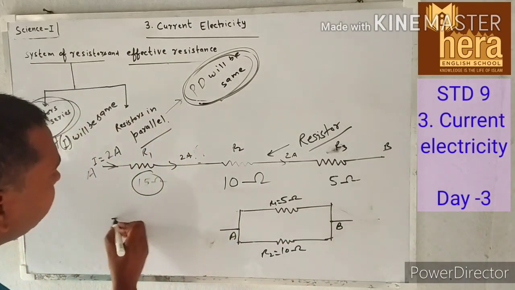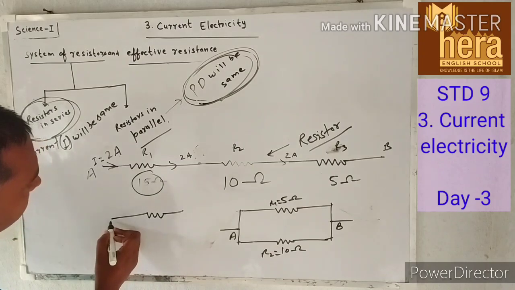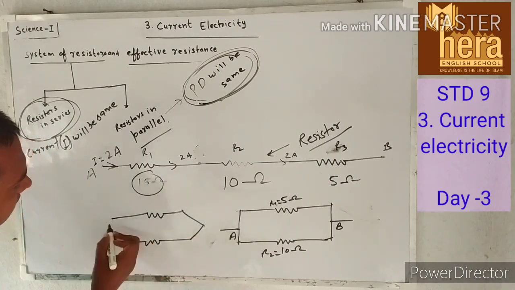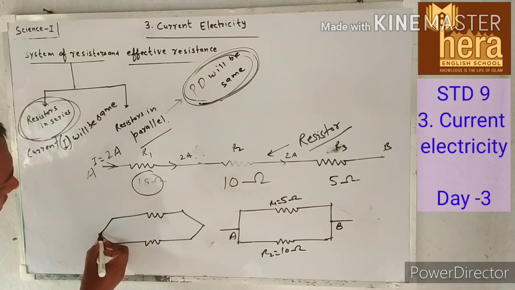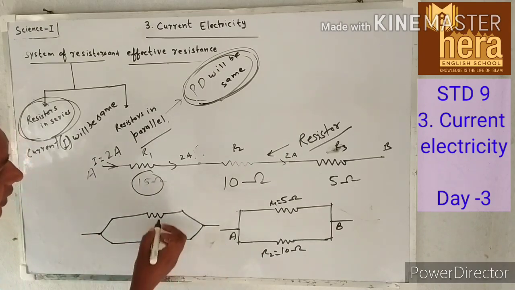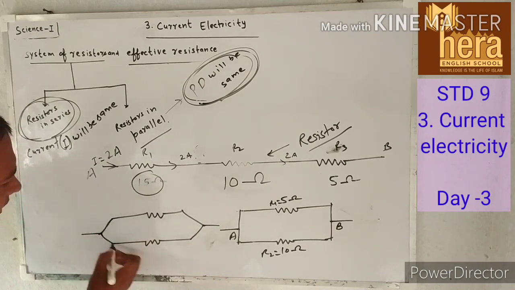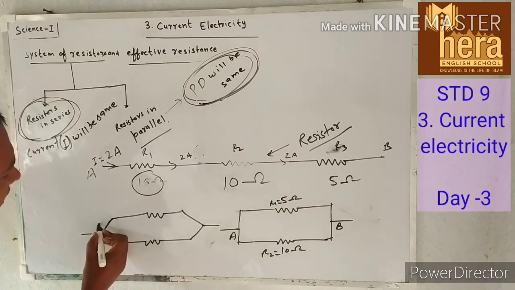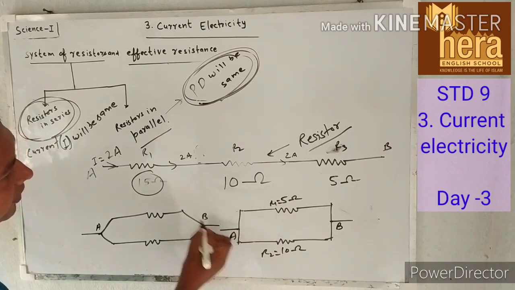This and this arrangement are both the same. It looks attractive, that's why I connected these two resistors in this way. This is point A, this is point B.